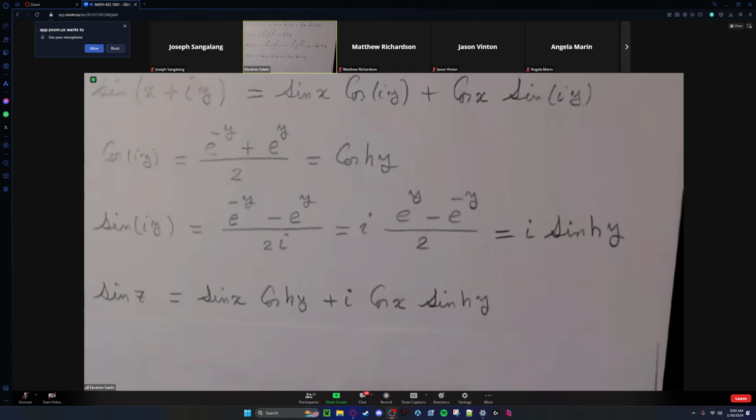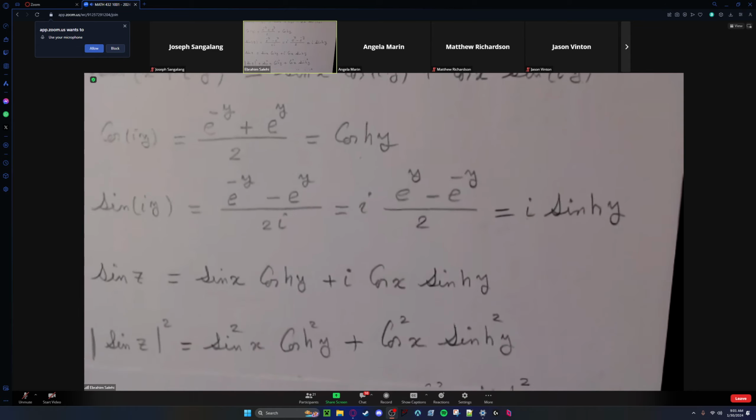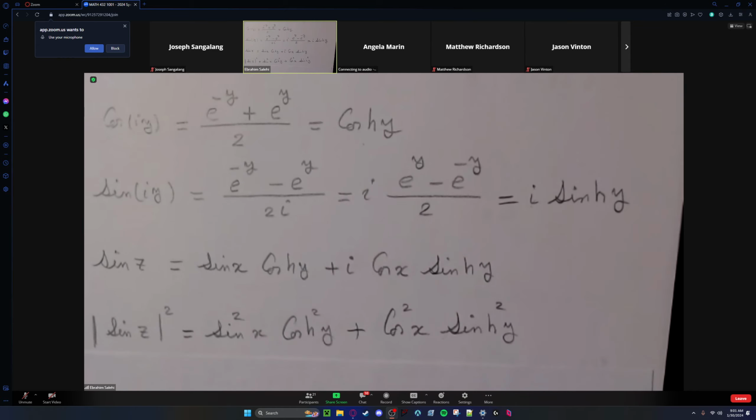Now we can talk about the modulus of sine z. Modulus of sine z squared will be its real part squared plus its imaginary part squared.